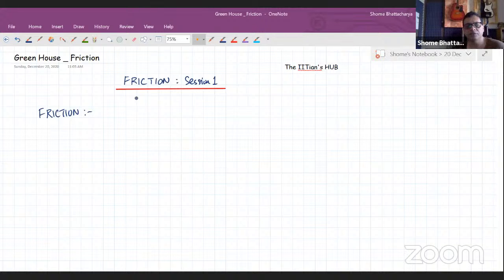So when does friction act? Whenever two surfaces are either slipping with respect to each other or they have a tendency to slip with respect to each other. In that case, there is a tangential or parallel force that acts, which is against the slipping, against the tendency to slip, and that is called friction.